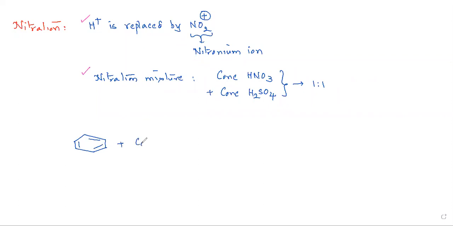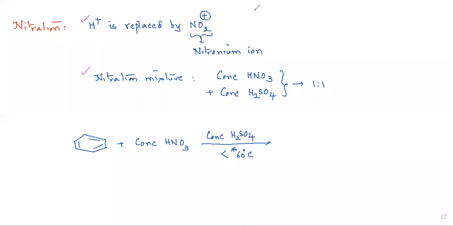See, when benzene is treated with the nitration mixture, look at the role of sulfuric acid. Of course, you'll come to know about the role of sulfuric acid in detail when we go for the mechanism.